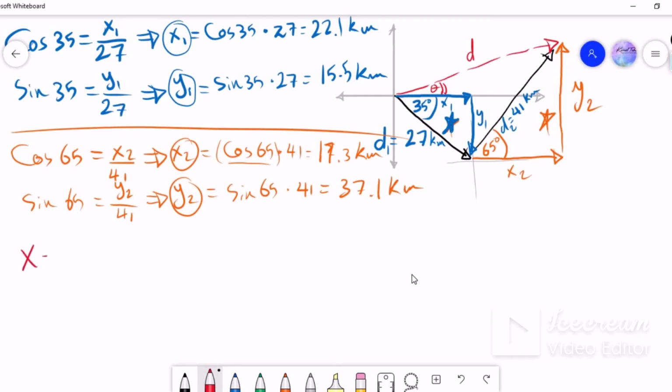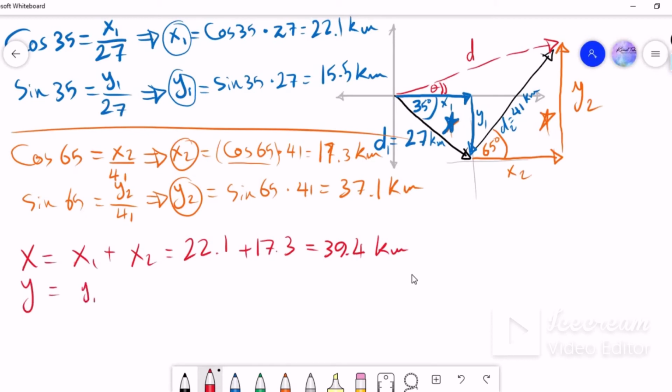Let's complete to find x. x equals x1 plus x2, 22.1 and 17.3 equals 39.4 kilometers. That is x. What about y? y1 plus y2, but be careful with the direction.